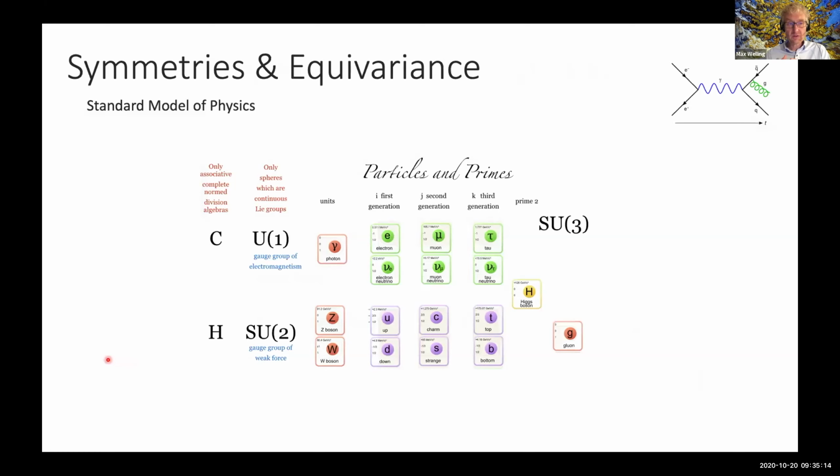And of course, the standard model of physics is also built on symmetries, and the forces of these symmetries are being transmitted by bosons, like the photon and the Higgs boson and the gluon and the Z and W bosons. And there are the symmetry groups U1, SU2, and SU3, and the leptons here are also representations of these groups.